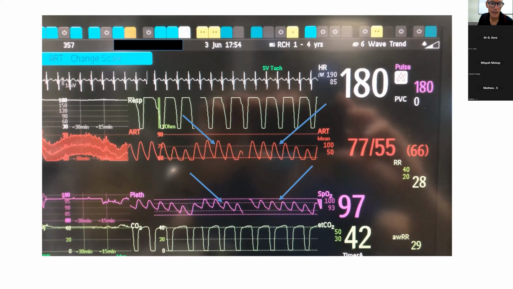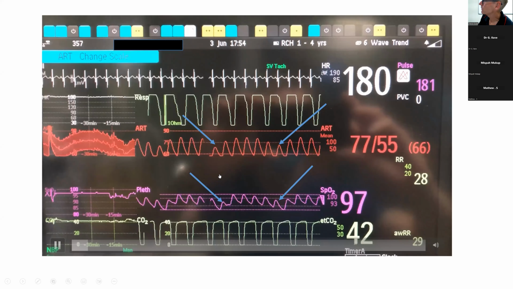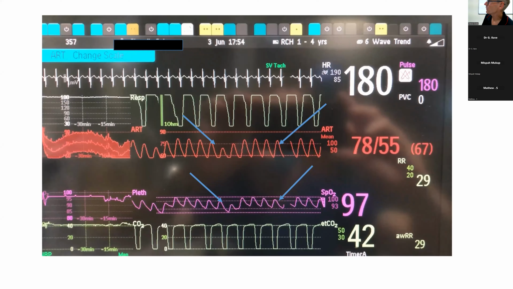Well, the arrows give it away, but let me show you again. I think this is a very good example, and we see it quite a lot, but we don't recognize it. What's happening? What can you see?